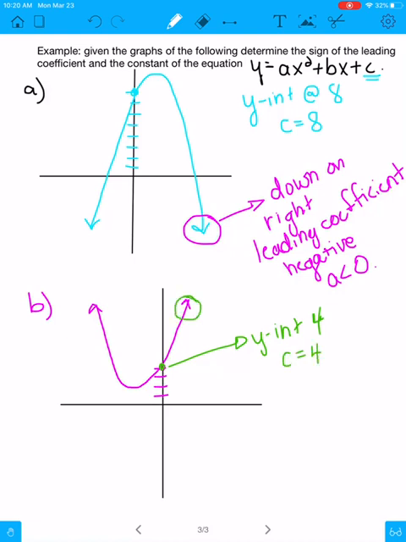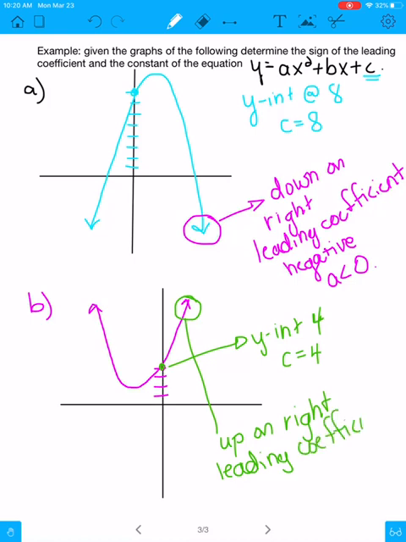And it's up on the right. So my leading coefficient is positive. So what does that mean? That means a is greater than 0.